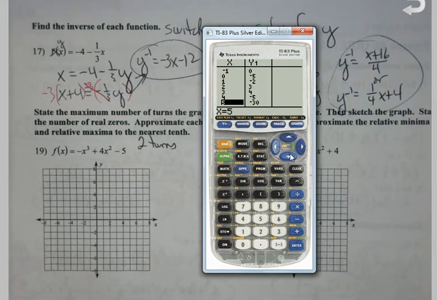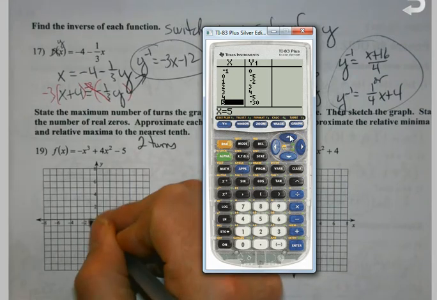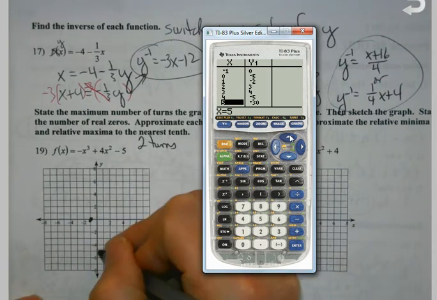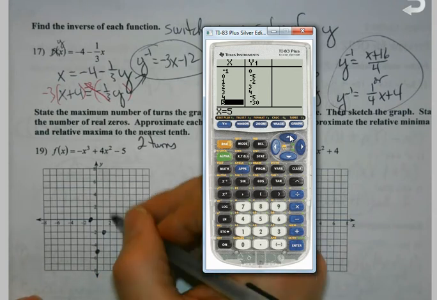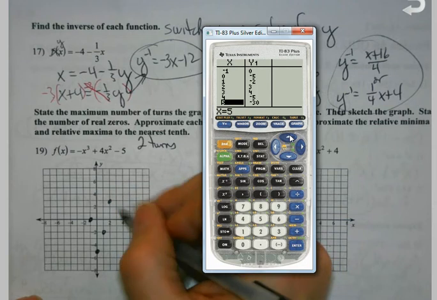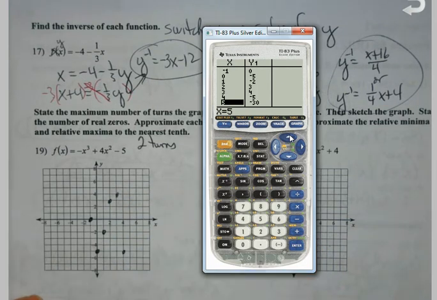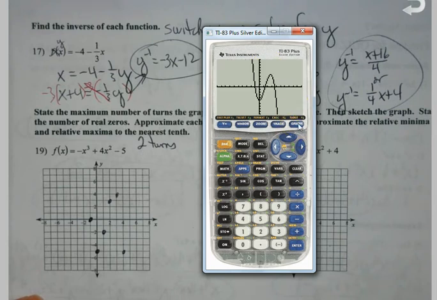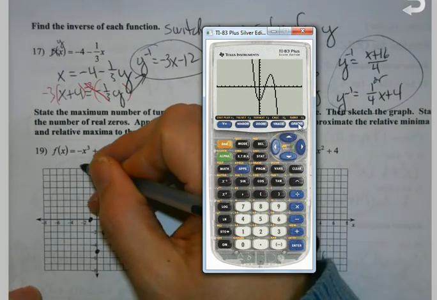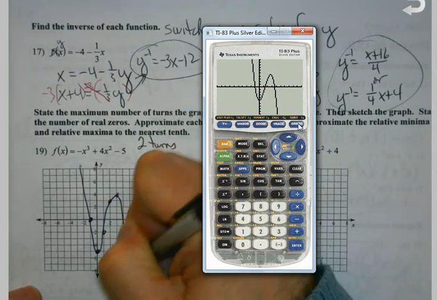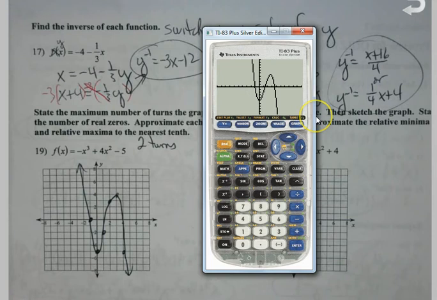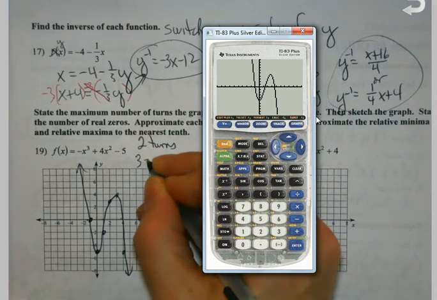So I'm going to look to see how many values. Get my sketches in. State the number of real zeros. There will be 3 zeros.